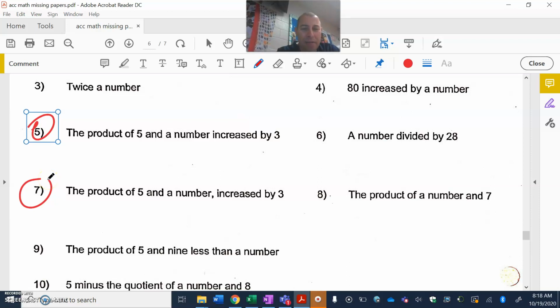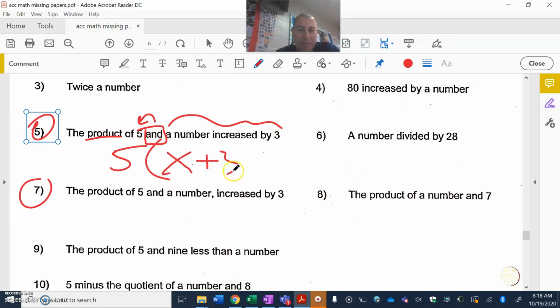So the product of 5, and the word and is a key part there. This separates the 2 things we're going to multiply because of that word product. So we're going to multiply 5 times a number increased by 3. Again, this is a package deal here.